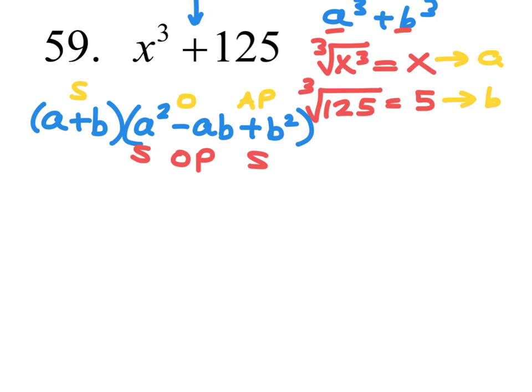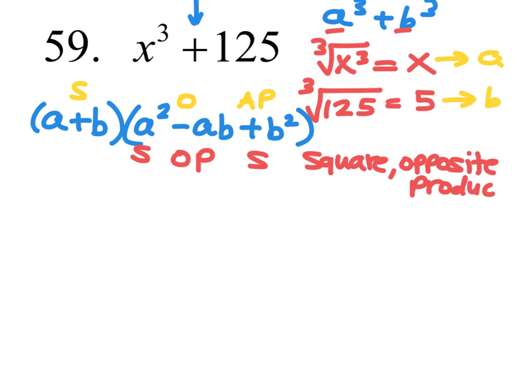So SOPs is square, because we square the a. It's the opposite product, which means negative. And then the b squared, so it's squared again. It's two little acronyms to help us memorize this formula.